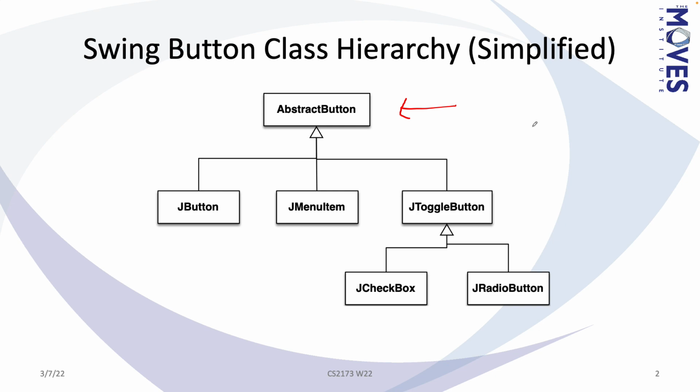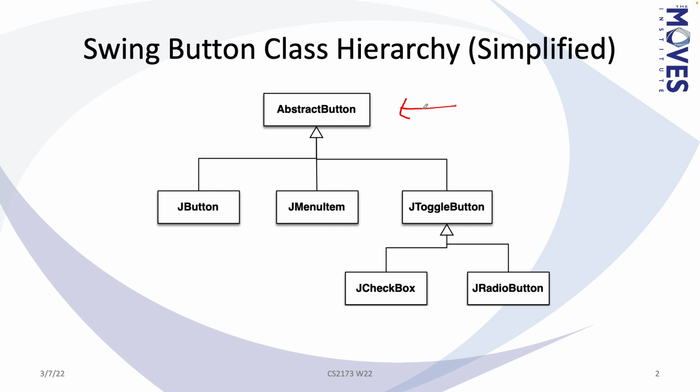Now, what they've done is what we've talked about before about these class hierarchies. All buttons have many things in common, one of which is firing an action event. So when you're designing one of these things, you kind of have a choice. You can put the same thing in each one of these 5 classes, or you can abstract it all the way to a common ancestor, in this case the AbstractButton.